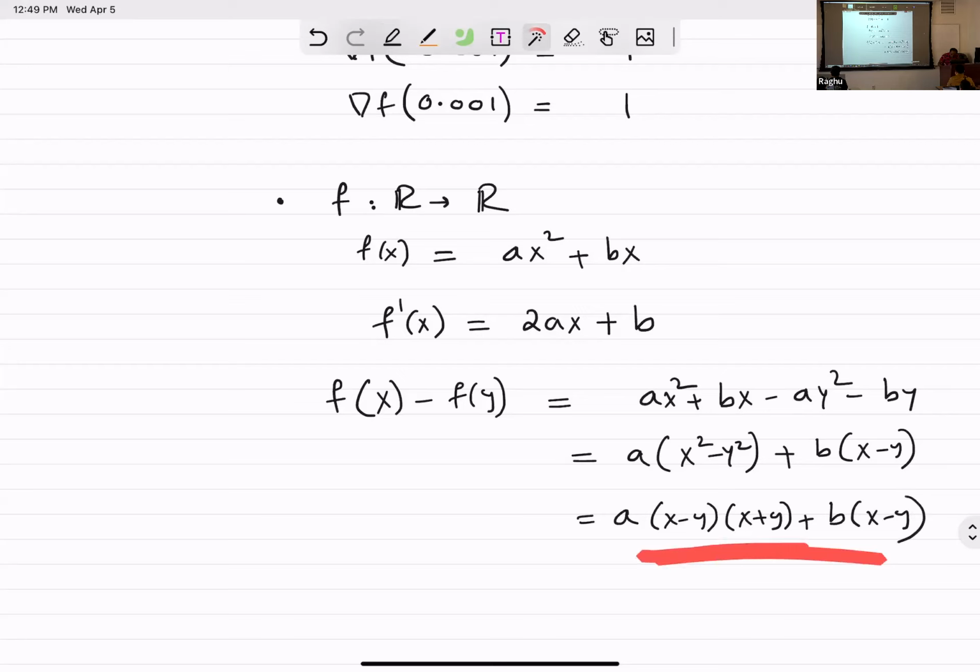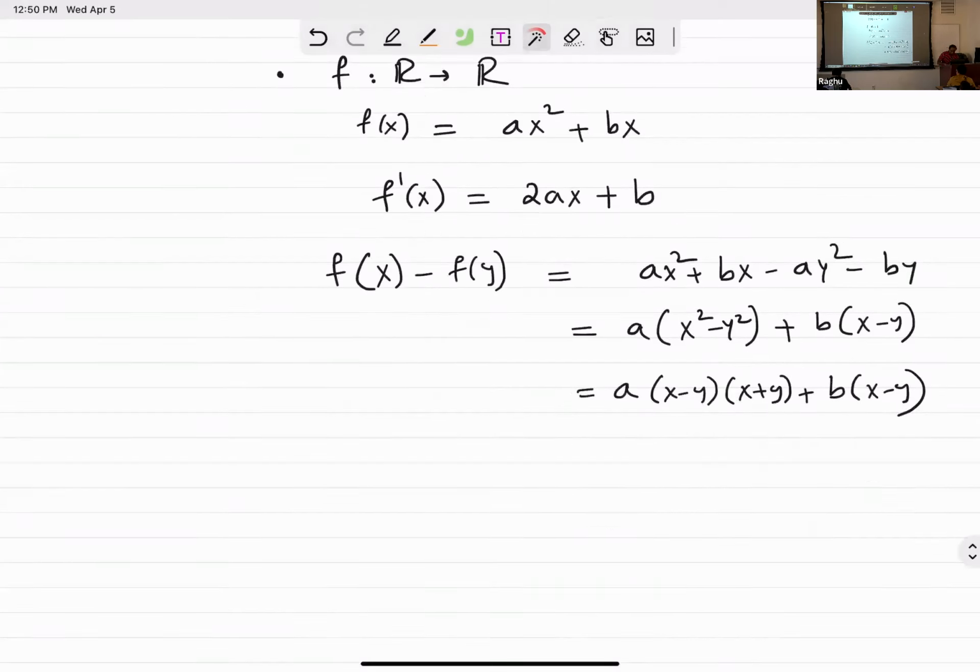So this is not going to be proportional just to the gap between x and y. When x is 1 and y is 2, the gap is something. When x is 1000 and y is 1000 plus 1, it's going to be a much bigger gap. And Lipschitz says that cannot happen.